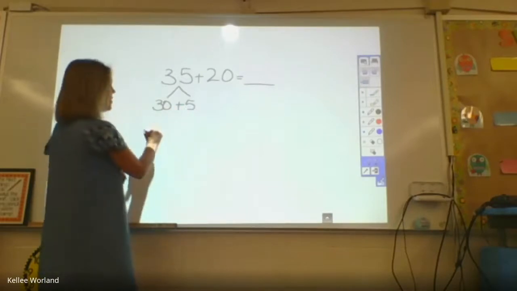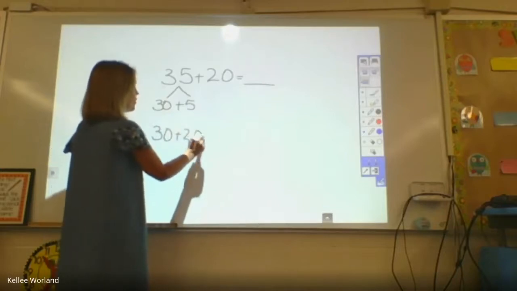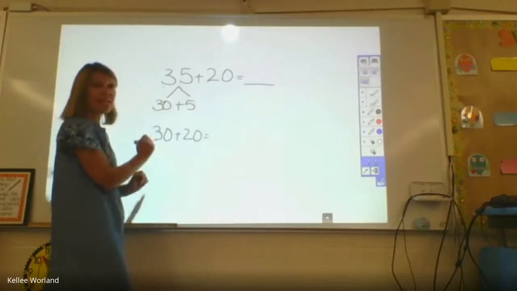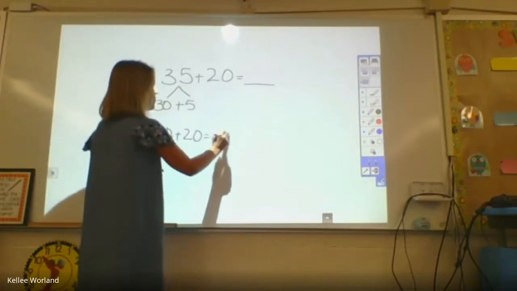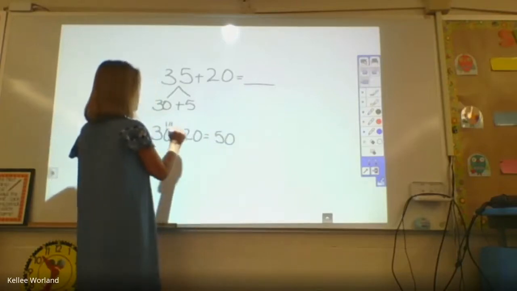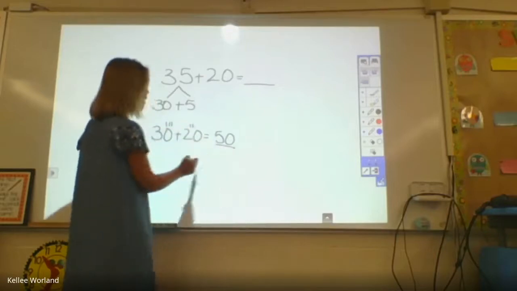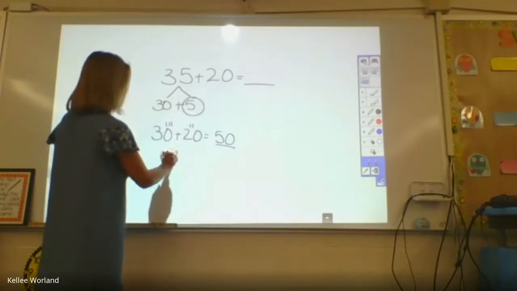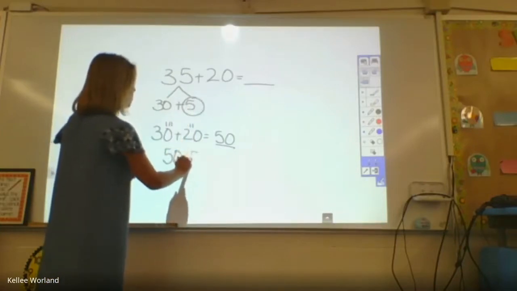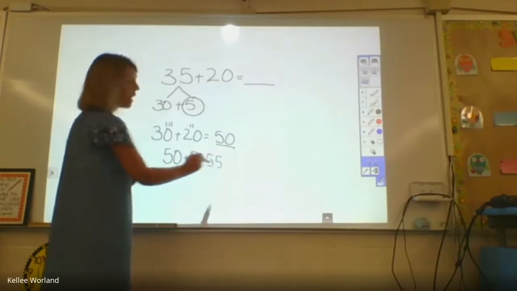Then you can do it like this. 30, 40, 50. Or if you need to, draw your 10 sticks up there. 10, 20, 30, 40, 50. So we have 50. Now don't forget the 5. 50 plus 5 equals 55.